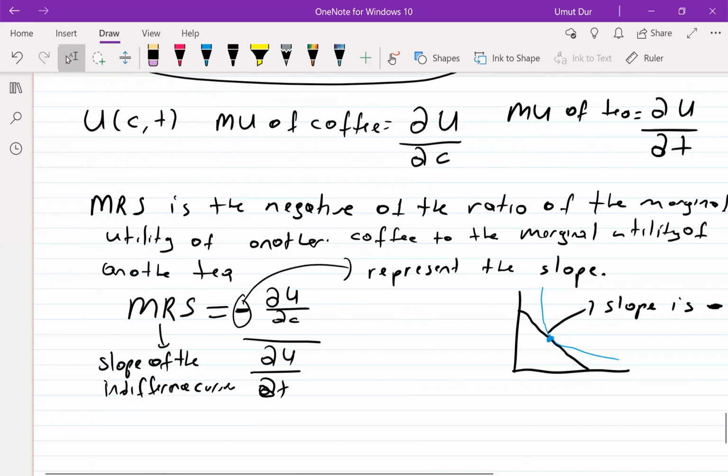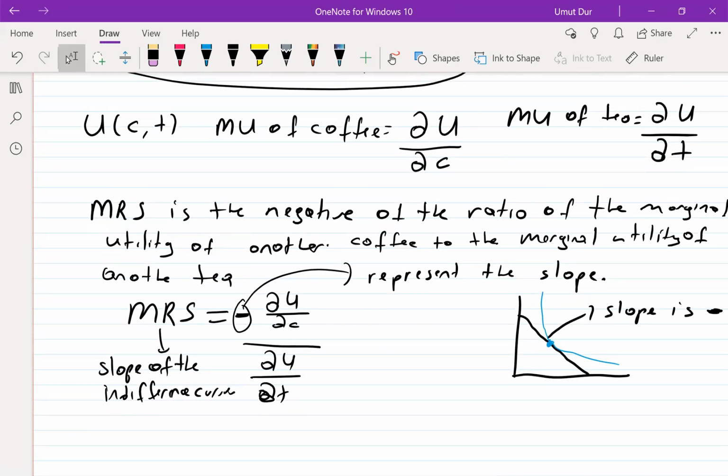The marginal utilities are just the derivative of the utility function with respect to the good that you are looking at. Don't forget to put this minus sign here, and this minus sign is just to represent the slope of the curve. For example, if you were looking at this kind of curve or line, the slope would be positive. So that's just a representation.